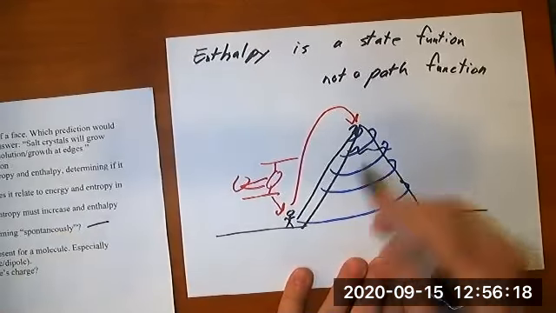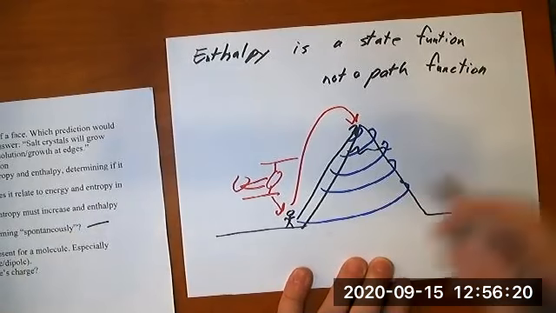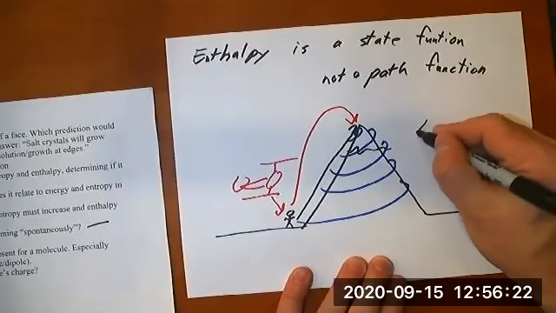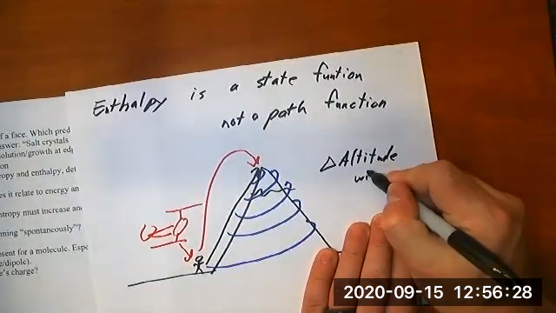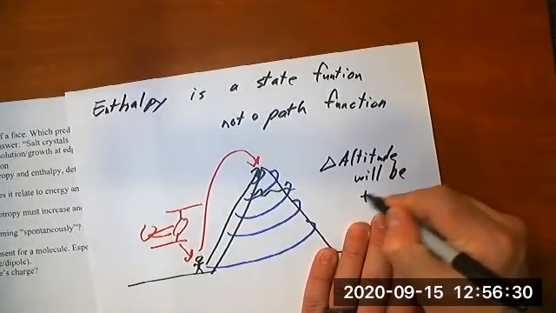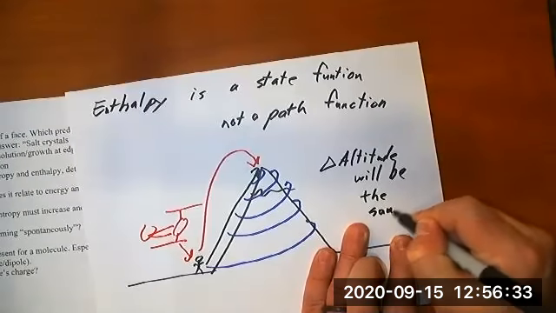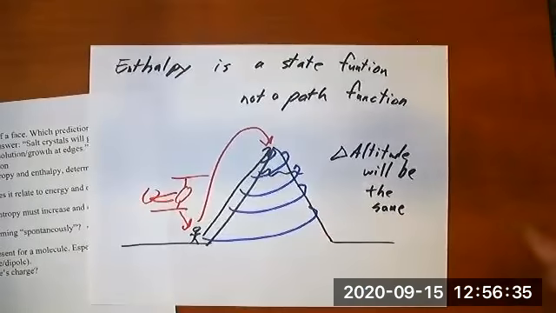However the hiker gets to the top, her change in altitude will be the same, because altitude is a state function. It depends only on the starting condition and the final condition, not on what happens in between.